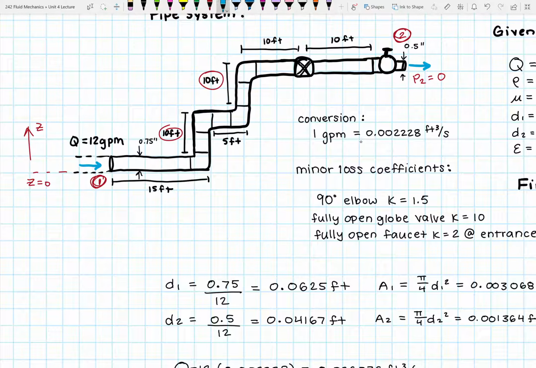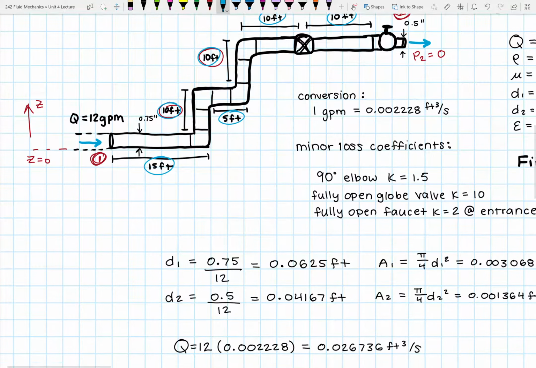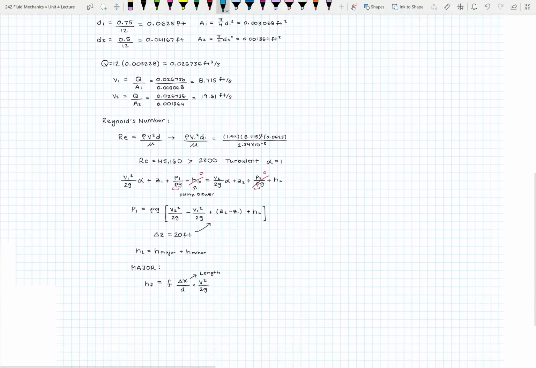If we just say, okay, we have 15 plus 5 plus 10 plus 10. Alright, so that is 15 and 5, 20, plus 10 is 40, and then we also do want to consider these elevation changes too, because the fluid is flowing through the whole length of the pipe, so that turns out to be a length of 60 feet.